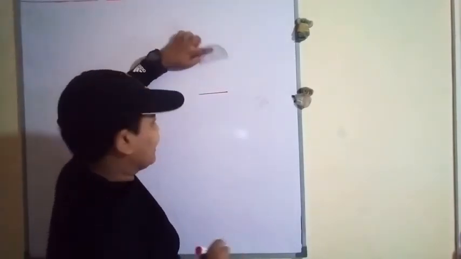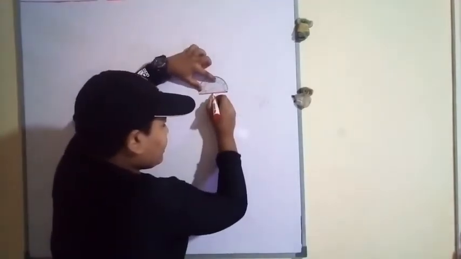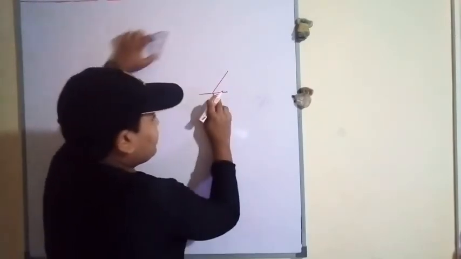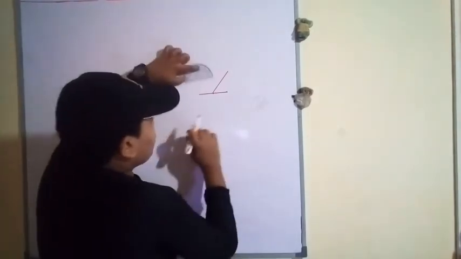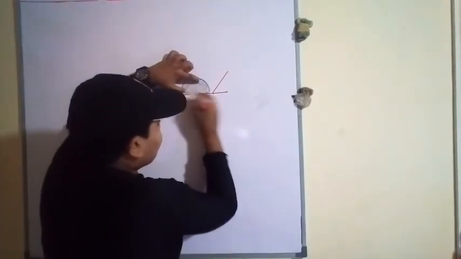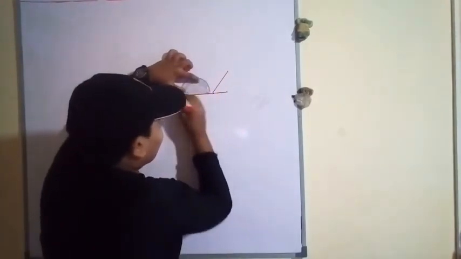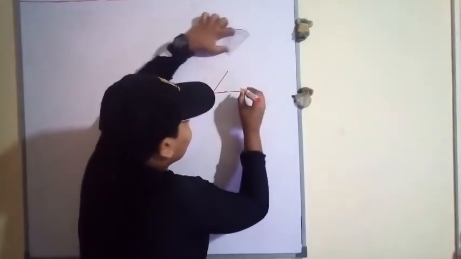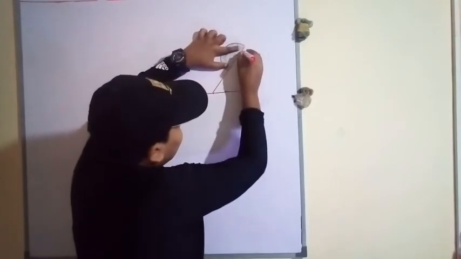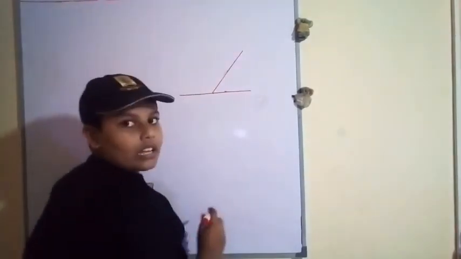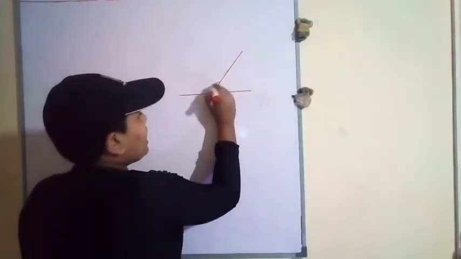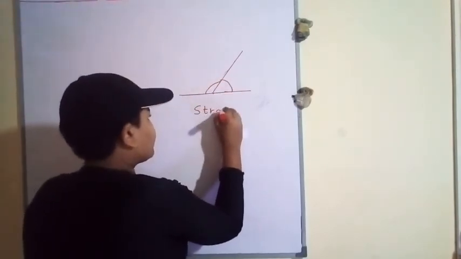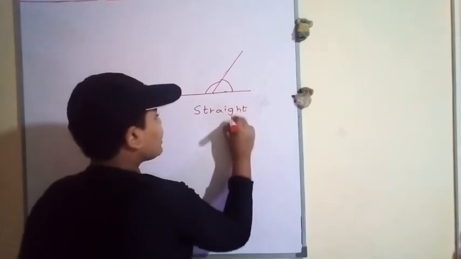You can draw any line. I draw a long line like this, and like this. Now they have two angles. This is called adjacent angles on a straight line.